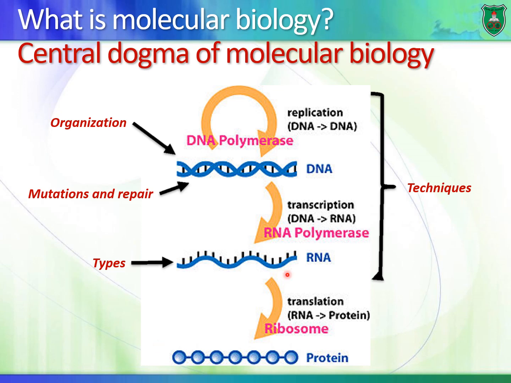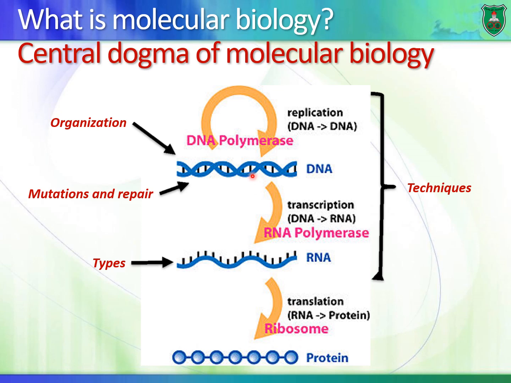Okay, and it's catalyzed by an enzyme known as RNA polymerase. Now, RNA is then used to synthesize proteins in a process known as translation, and this involves ribosomes.